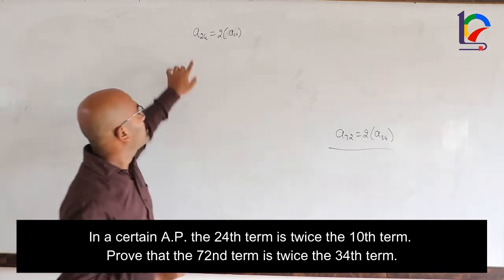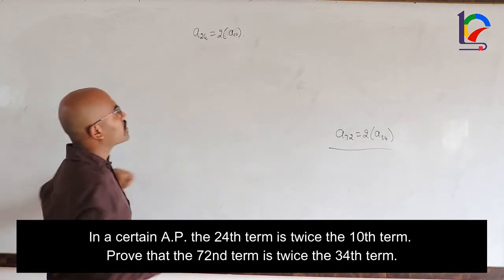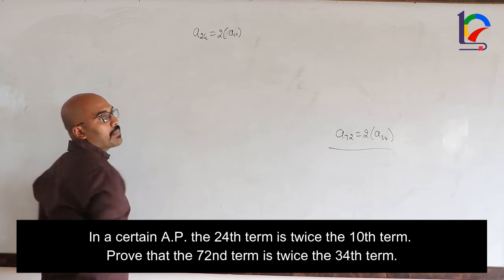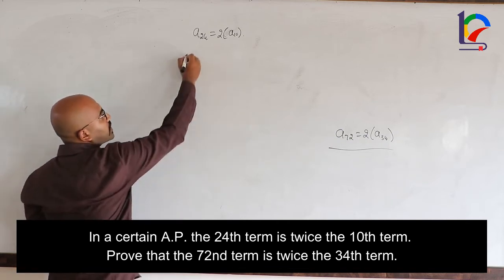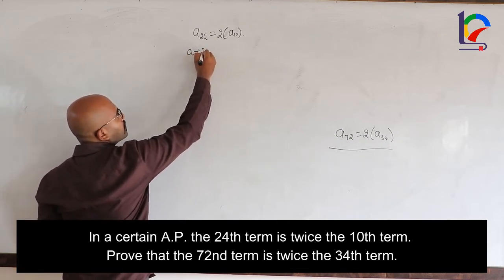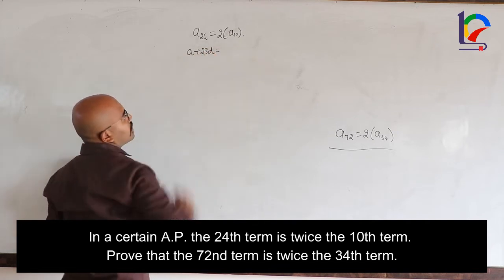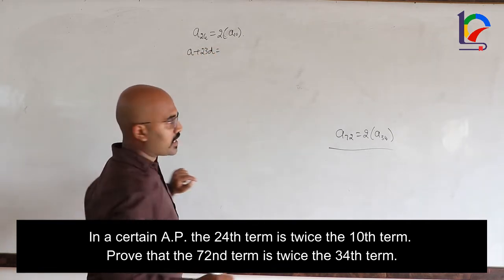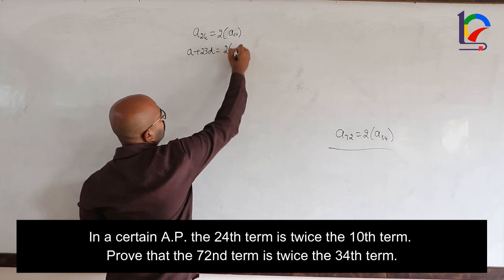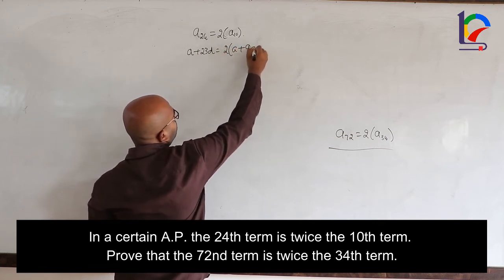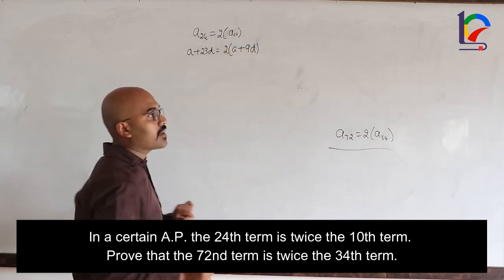So here the 24th term we can write as a plus n minus 1 into d. So that is a plus 23d. The 10th term can be written as a plus 9d.